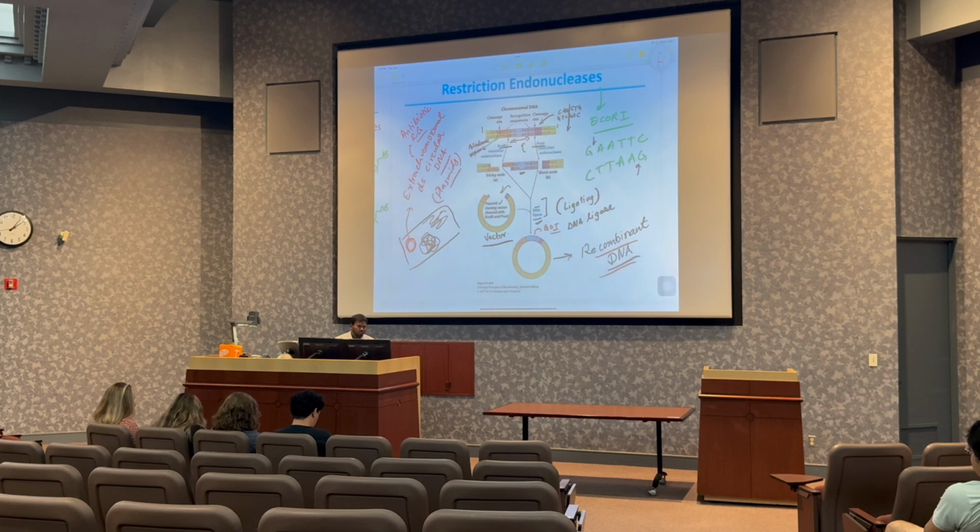Imagine if you want a recombinant DNA with a gene for insulin, you can cut those sequences using restriction enzymes from the target organism, where there is your gene of interest, and you can combine them into a vector which is a plasmid. Now you have recombinant DNA available in the form of vector plus gene of interest, and this is called recombinant DNA.